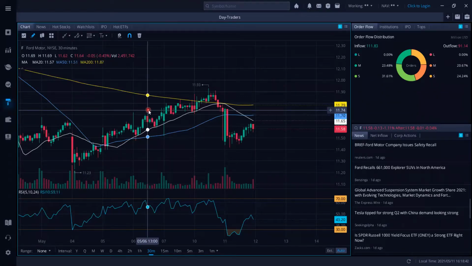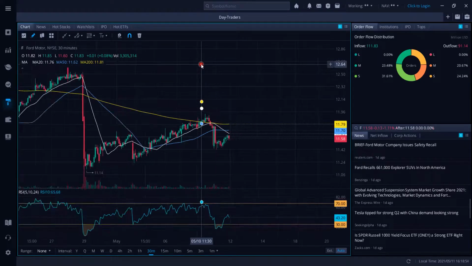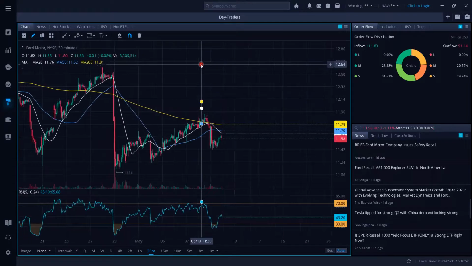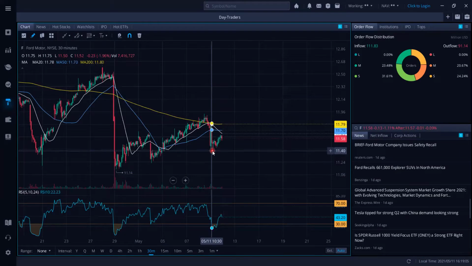Who's got questions? We spoke a little bit about support and resistance. Let's do another support and resistance case and see if we can identify anything here. Of course, we know this to be a major point of support, clearly here and here.